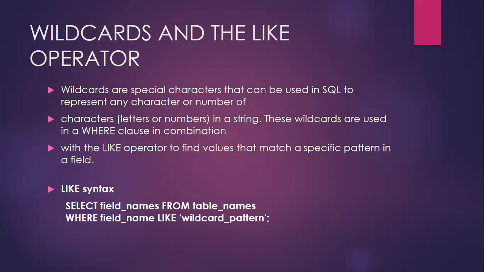Okay. So with the LIKE operator we find the values that match a specific pattern in a field. So I'm going to say, find all records that are like chocolate. Okay. So the LIKE syntax goes: SELECT field names, that's my field, FROM table name, WHERE field name LIKE wildcard pattern.